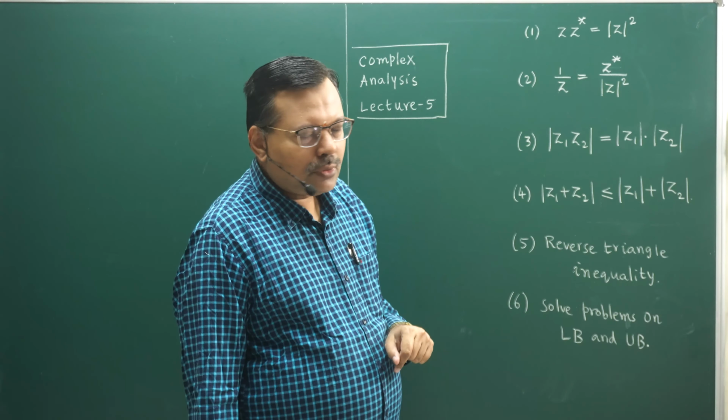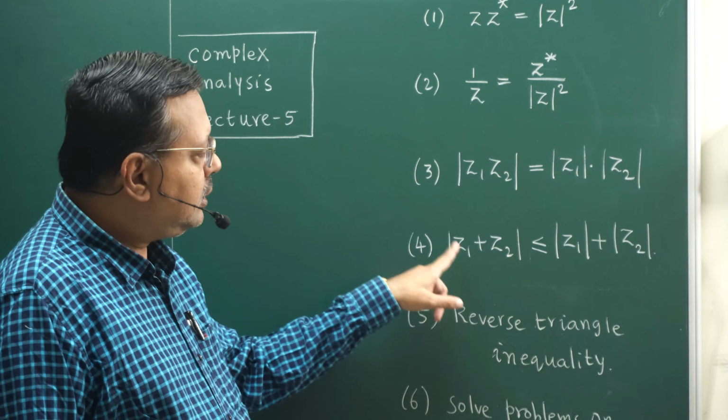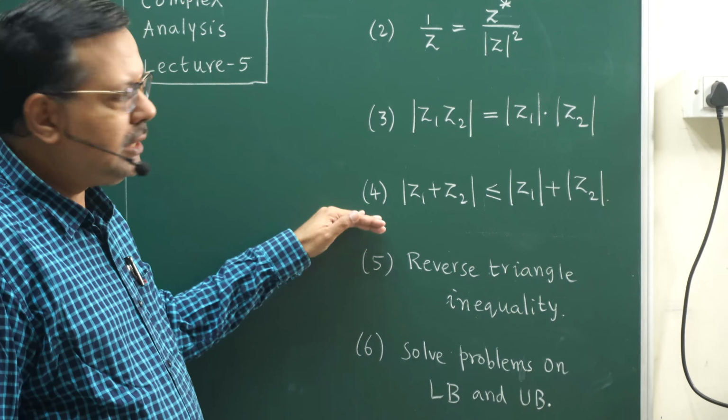But here, the equality is there only for a special case. In all other cases, it is less than. So this inequality tells clearly that the complex modulus is not distributive. That's the place where we stopped.